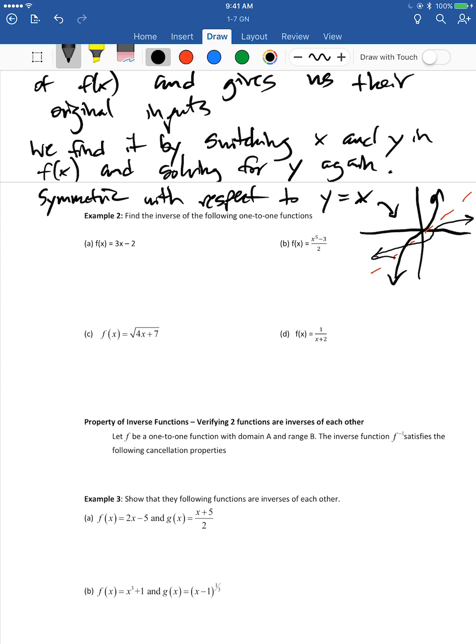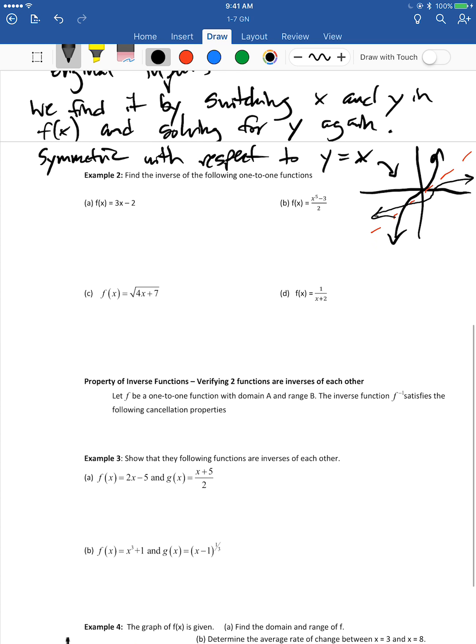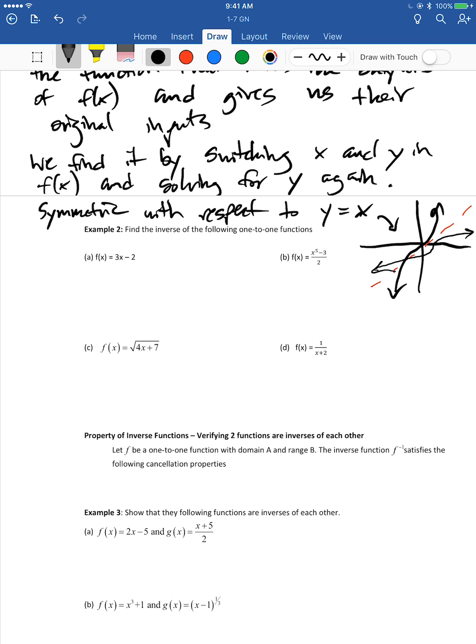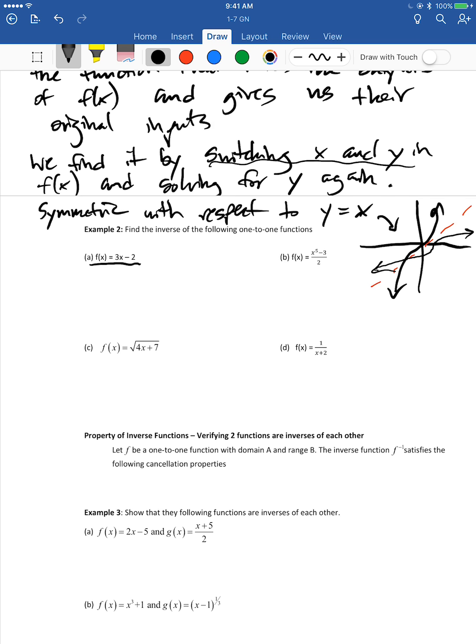Let's talk about some examples first, and some more basic examples of finding inverse functions. So, we're told these are all one-to-one functions, which is necessary for the function to have an inverse, so that's awesome. We don't have to check for the function being one-to-one, but we can find the inverses. And I just said that we find those inverses by switching x and y and solving for y. So for f of x equals 3x minus 2, f of x, of course, is y equals 3x minus 2.